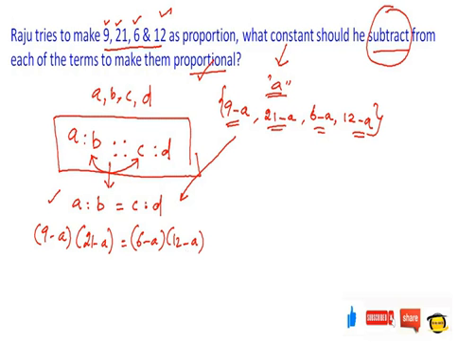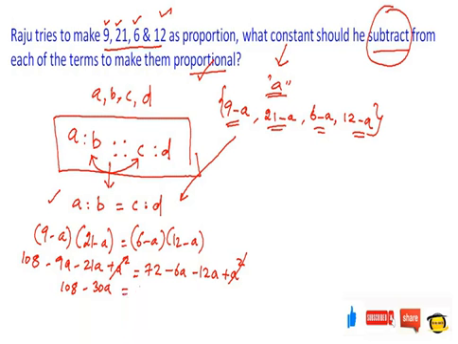So 9 times 21 is probably going to give 108 minus 9A minus 21A plus A square is equivalent to 72 minus 6A minus 12A plus A square, right? Now we can cut off the A square terms and this should give us 108 minus 30A is equivalent to 72 minus 18A, right?